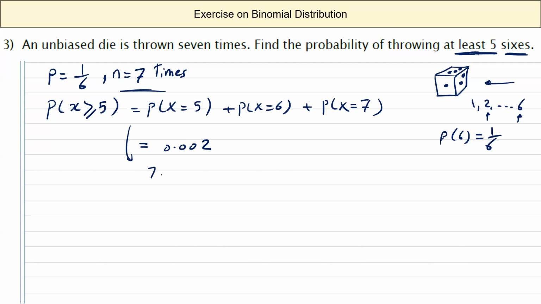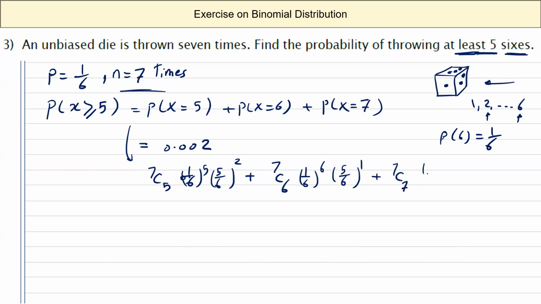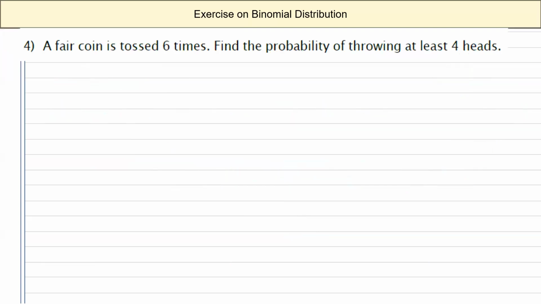You can write 7C5, 1/6 to the power of 5 and 5/6 to the power of 2, plus 7C6, 1/6 power 6 times 5/6 power of 1, plus 7C7 times 1/6 power 7 and 5/6 power 0. Okay, calculate this one. You'll get approximately 0.002. No problem. It's a very small probability here. It's rare.